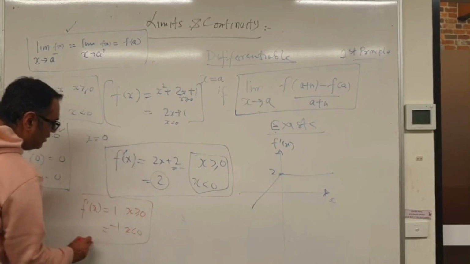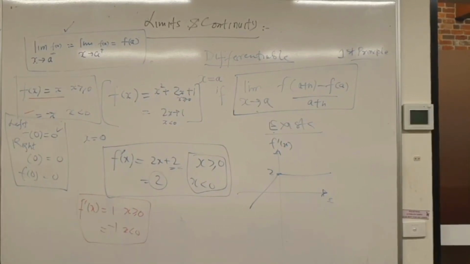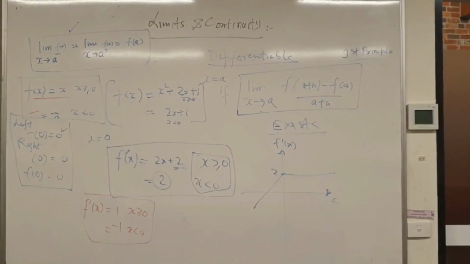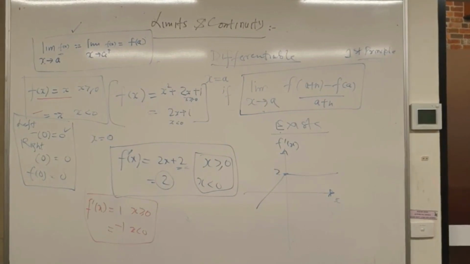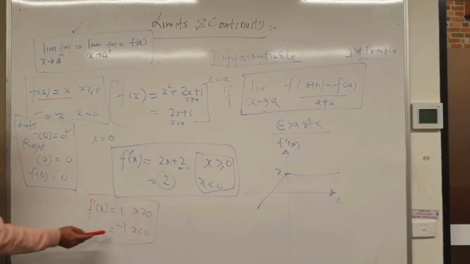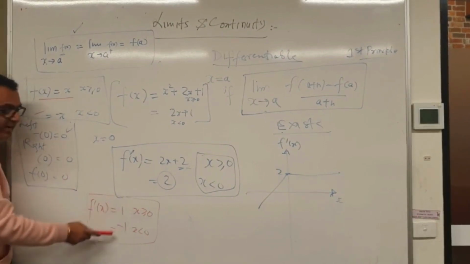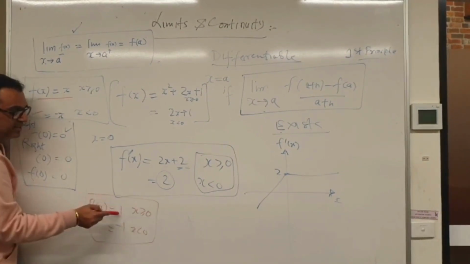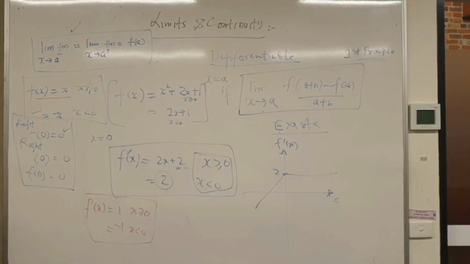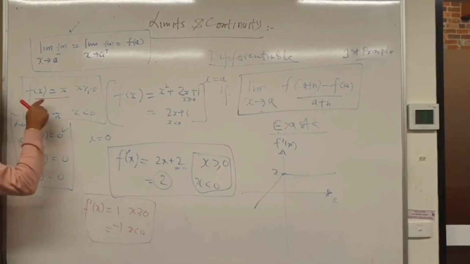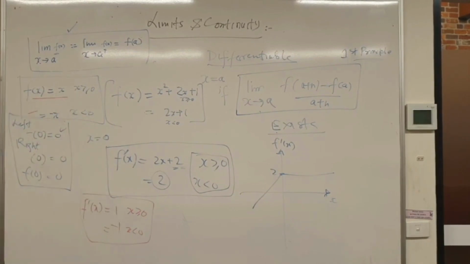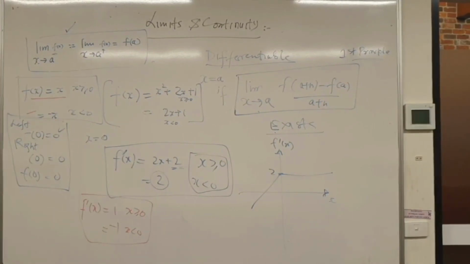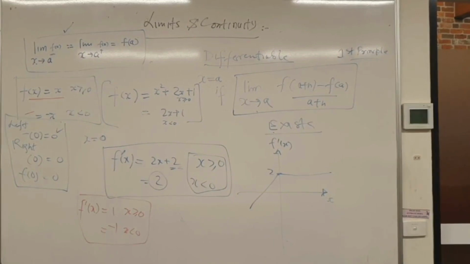Now can you tell me whether this function is differentiable at x equals 0? Anushka? No, correct. Chris, yes? Because from the left side it is minus 1, from the right side it is 1. So though this function is continuous at x equals 0, you still cannot differentiate it. It's not differentiable at x equals 0.